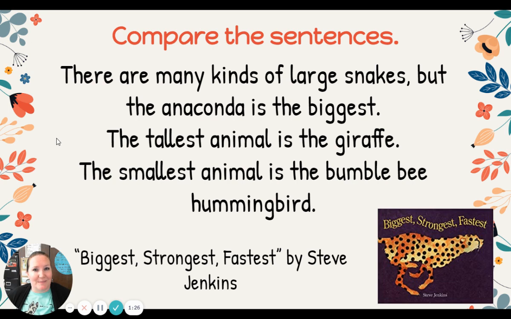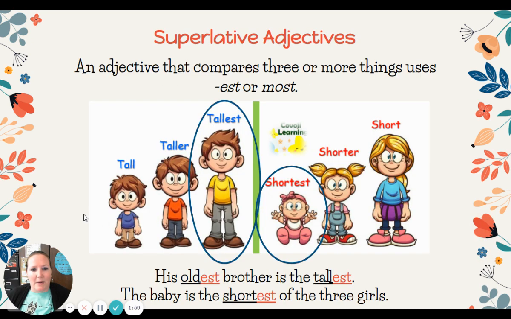Do you notice some superlative adjectives in these sentences? Yesterday we talked about biggest. Then today we can add tallest and smallest. So even if something is small, if it is the most small of the 3 or more, then we add EST at the end.